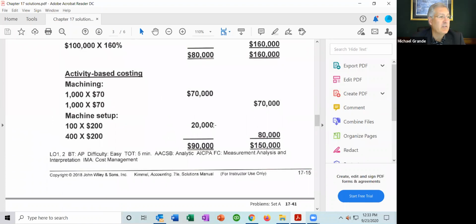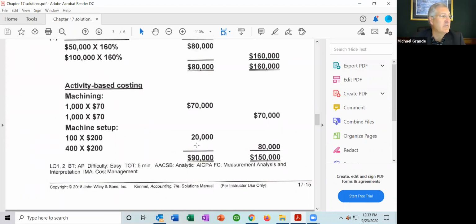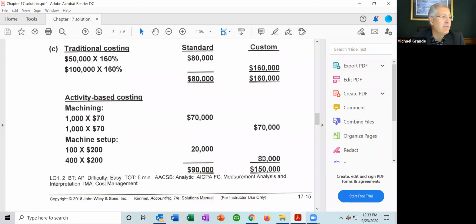So we've got $20,000 allocated to the standard, and $80,000 allocated to the custom. So under activity-based costing, we've got $90,000 allocated to the standard and $150,000 allocated to custom. And again, those two numbers have to add up to the total estimated manufacturing overhead. 90 plus 150 is 240.